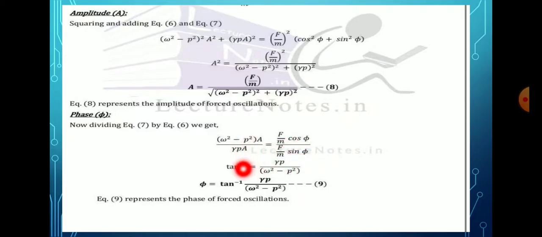Here tan phi is equal to, r p a getting cancelled, omega square minus p square. Phi is equal to tan inverse of r p divided by omega square minus p square. That is equation number 9. This represents the phase of forced oscillations.